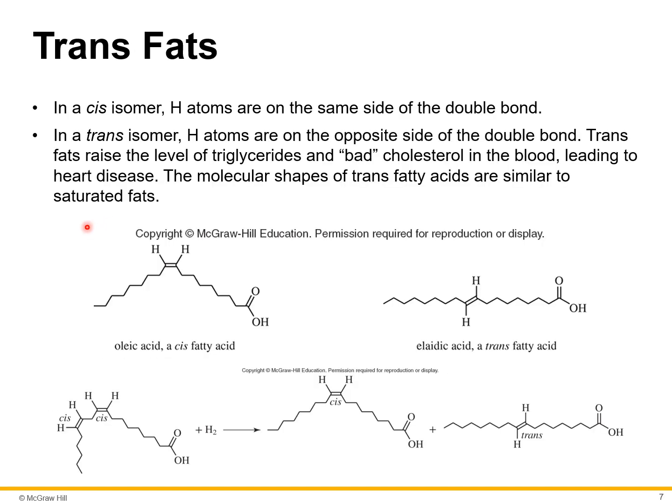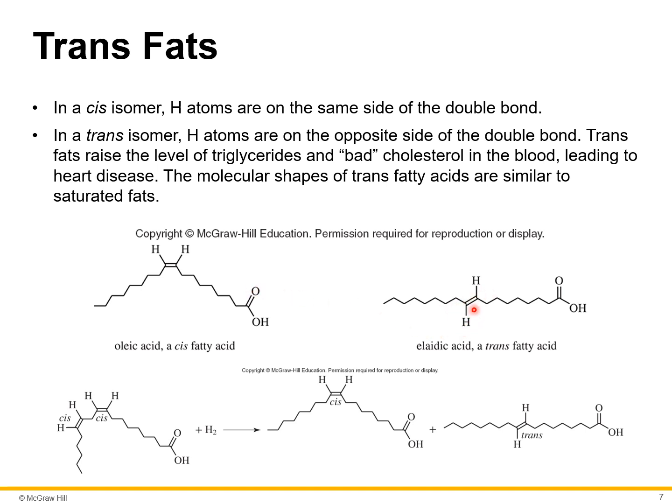And something else you've probably heard of is trans fats. These trans fats are formed first by a process called hydrogenation, which we will not get too much into detail. But a trans fat is a type of unsaturated fat because of the double bond.